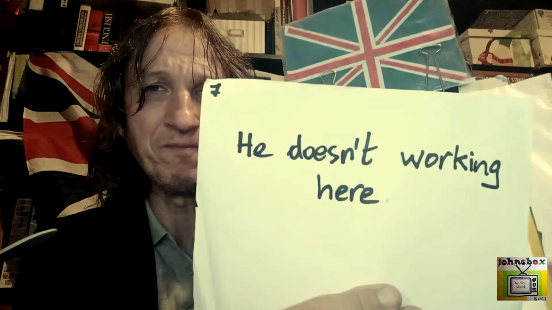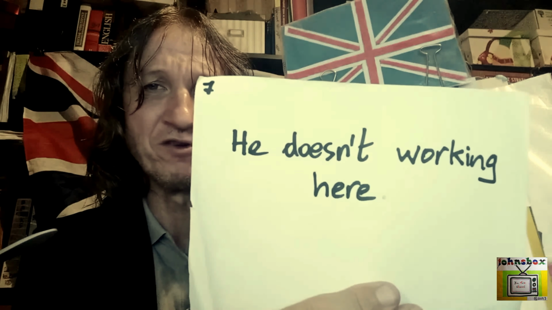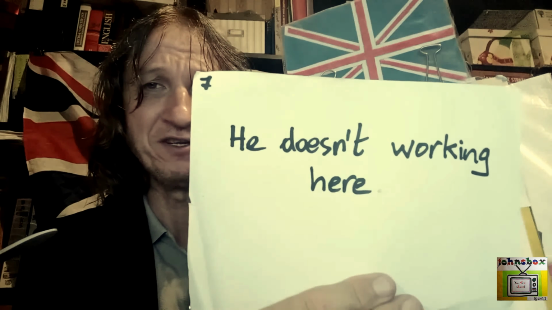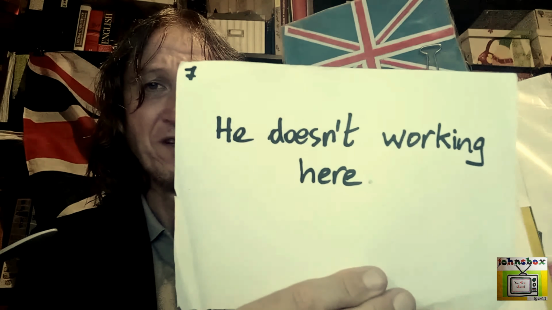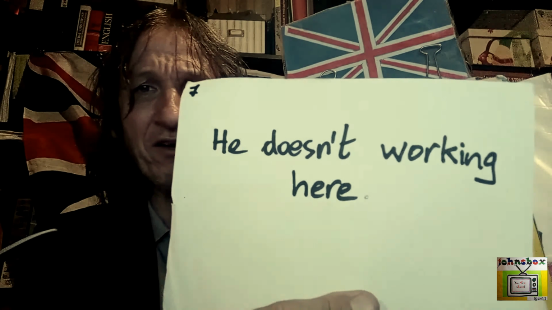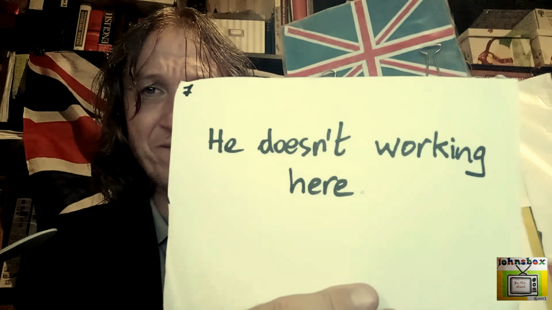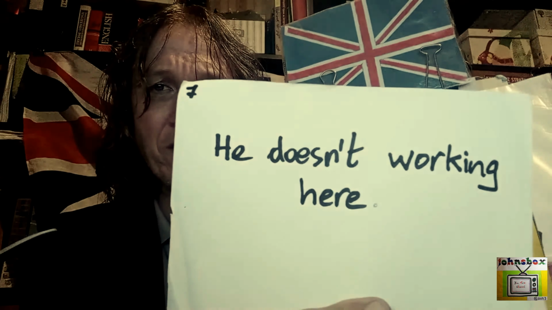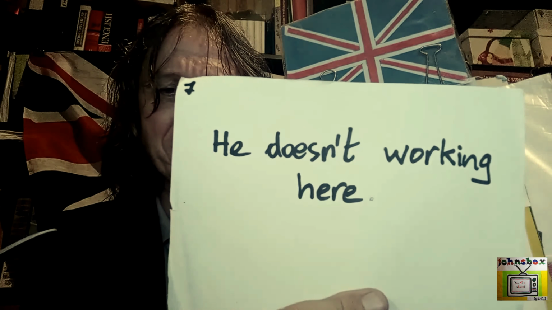But what we want to put across is the fact that in general he doesn't. Therefore, we don't need the ing on the work. The answer then is he doesn't work here. That's sentence number 6. Let's now move on to sentence number 7.